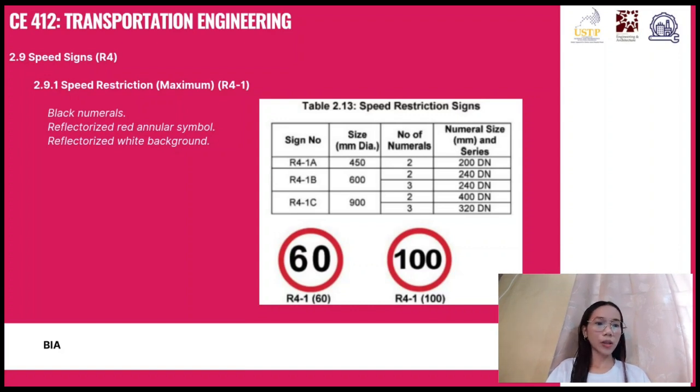So, makita niyo sa picture, no, kaning this group of sign ginapasabot sa mga drivers nga maximum speed limit ra gyud kana ra siya nga maximum speed limit kanang 60 or 100 ang gina-allow dira nga dalan or diya ka magpakusog. So kani nga mga numbers, size and signs, diameter can vary depending sa location or visibility nga needed sa road.